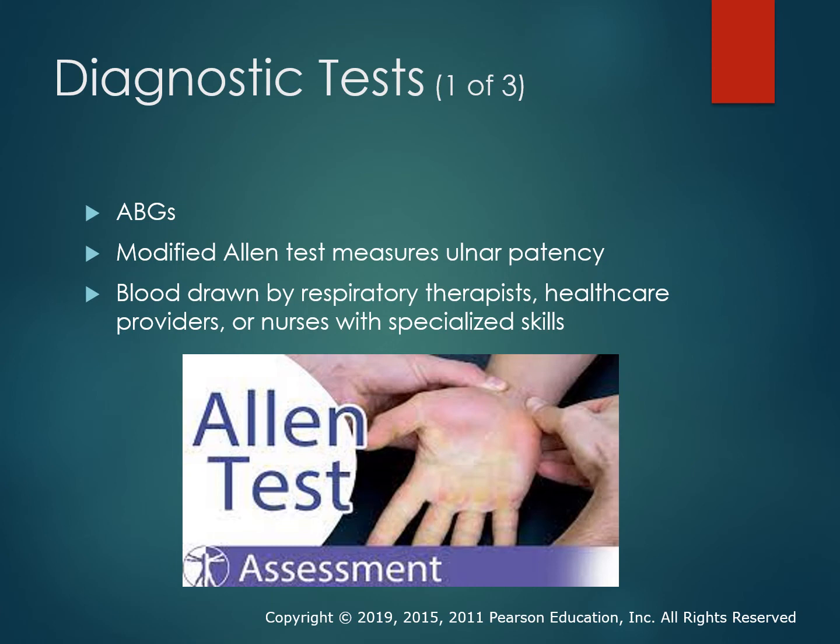So you want to make sure you're testing so you can make sure that they're perfusing well, and that's a good site to get the ABG. Blood gases may be drawn by the respiratory therapist, healthcare providers, or nurses with specialized skills such as those who work in intensive care. When I worked in intensive care, we were allowed to draw ABGs, and it takes practice.